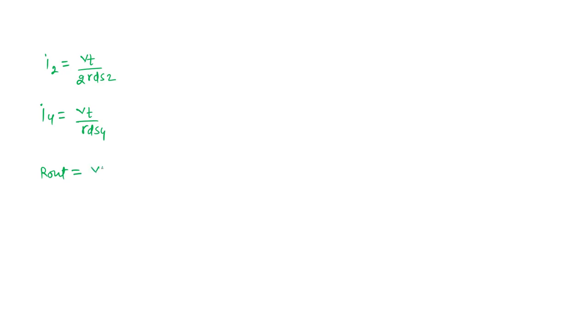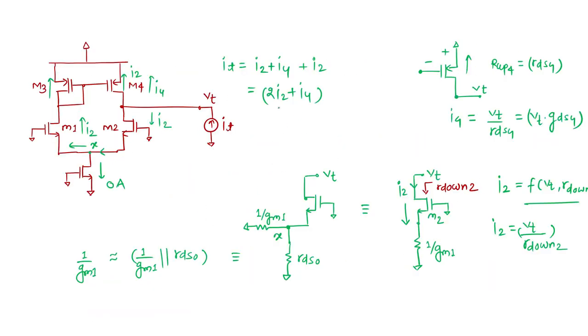R out is VT by IT, where IT is what? I2 plus I4 plus I2. Remember this thing. I already have written this on this page. 2 I2 plus I4 comes. Generally we say that I2 plus I4 is equal to IT. This is a very in-depth analysis. You have to see this I2 folds back and it is giving me 2 times I2.